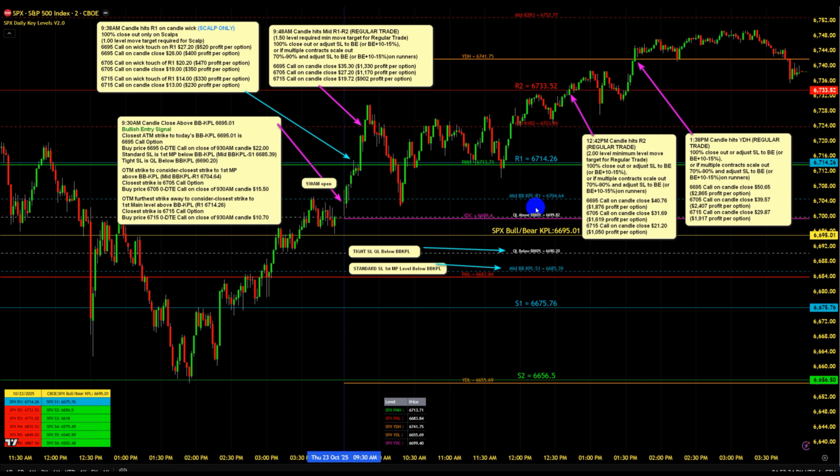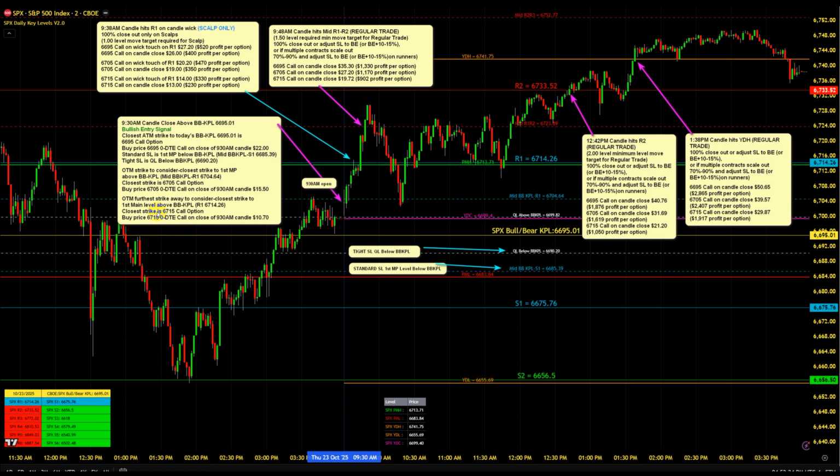What's the furthest out of the money strike that you can consider? And that would be one that is one full level above, because this is a bullish trade. So one full level above from here is the R1 level, 67.1426. So the 67.15 call is the closest to that price.